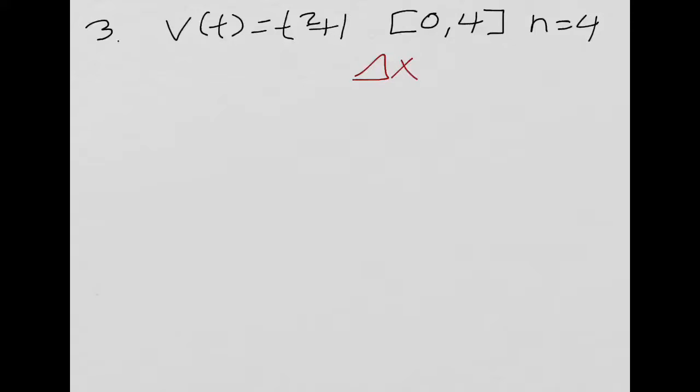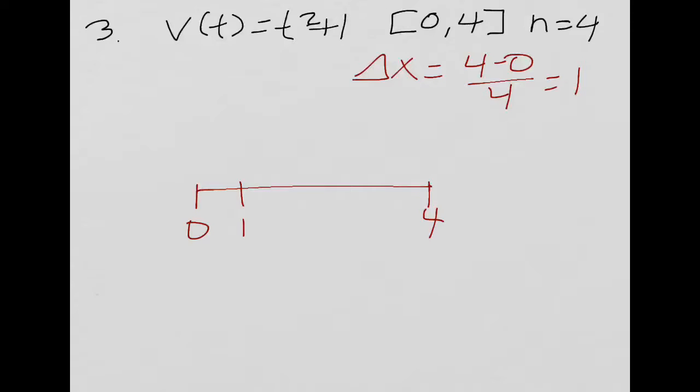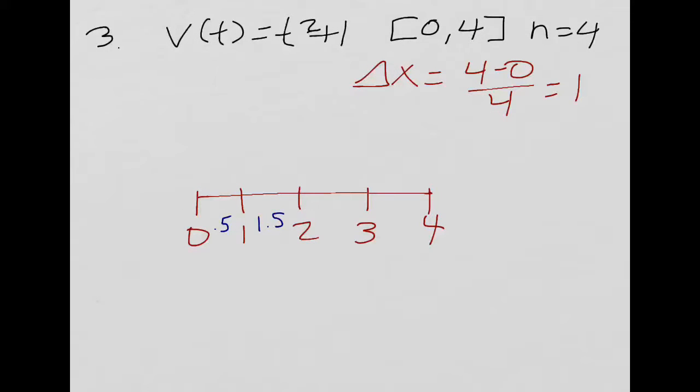So if I'm finding delta x, I would do 4 minus 0 over 4, which is 1. Which means I'm going to go from 0 to 4 with steps of 1. But it tells me to use the midpoint, which means I'm actually going to use 0.5, 1.5, 2.5, and 3.5.